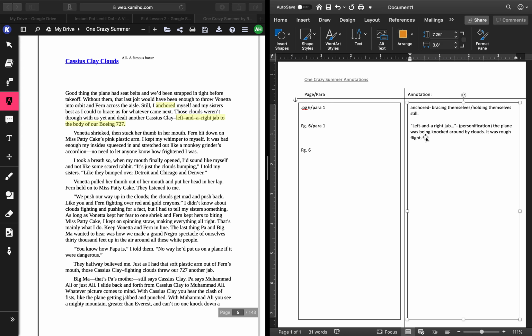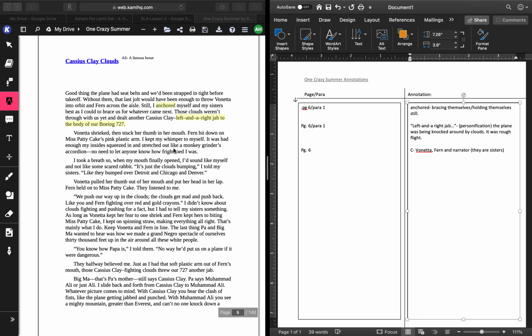So we're just going to come over here and write, we were introduced to characters. We don't know anything about them yet, but we know who they are. We have Vanetta, we have Fern, and the narrator. The narrator, we don't know her name yet, but if we look up here, it says my sisters. So we know that they are sisters.